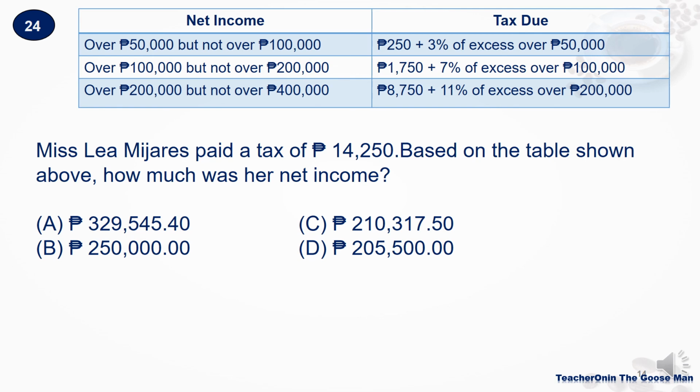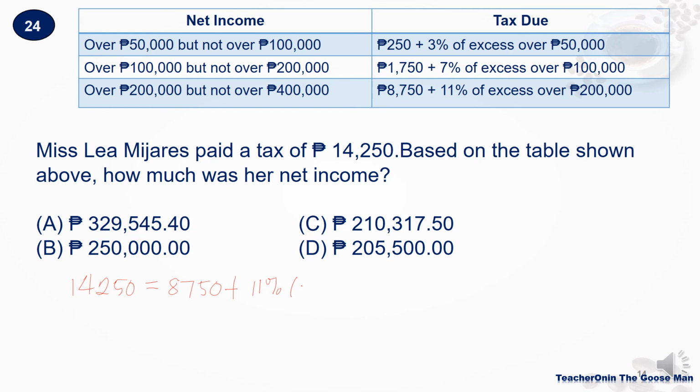Now, ibig sabihin yan, nagbayad ka ng total of 14,250, which is actually 8,750, your tax base, plus 11% of excess ng, hindi mo alam kung ilan yung excess mo.